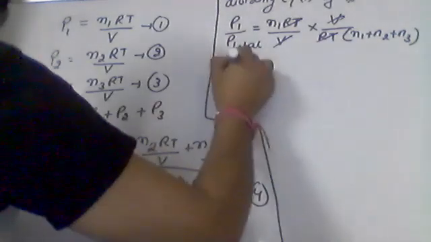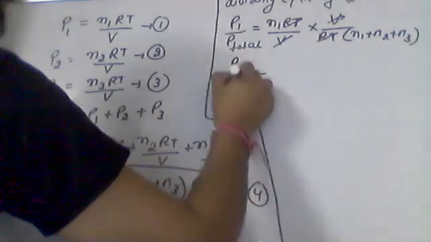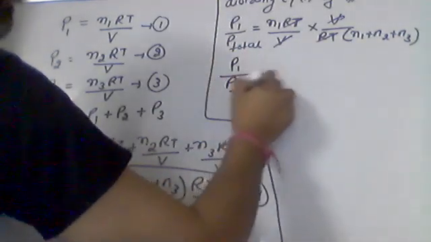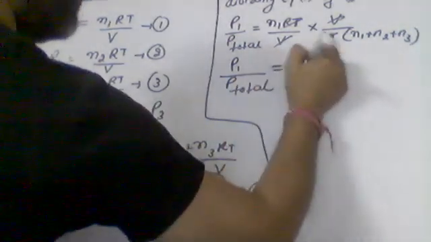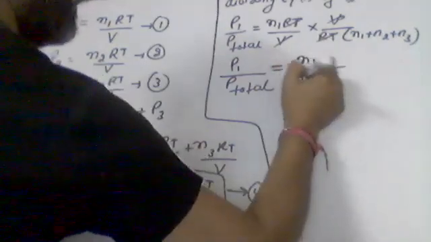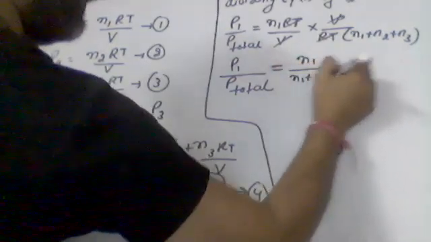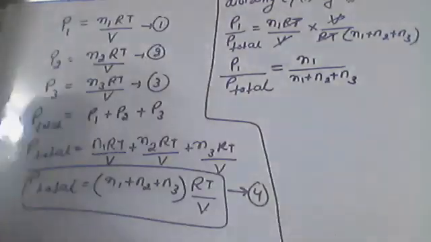V and V cancel out, RT and RT cancel out. P1 by P total will be equal to n1 divided by (n1 plus n2 plus n3).